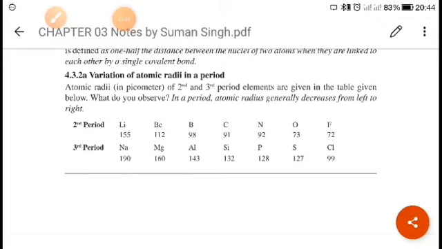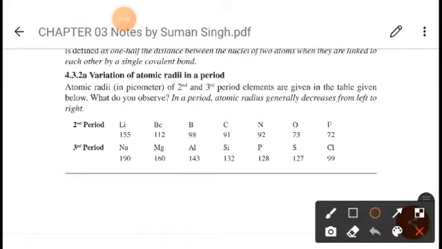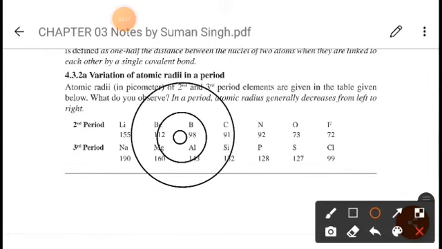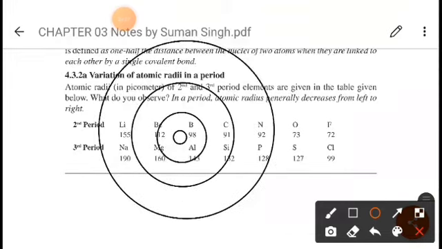Suppose this is our nucleus, and this is our first orbit, second orbit, third orbit, and in the third orbit there is an electron. The force exerted by the nucleus to attract this electron towards itself is called nuclear charge. I hope you have understood this.